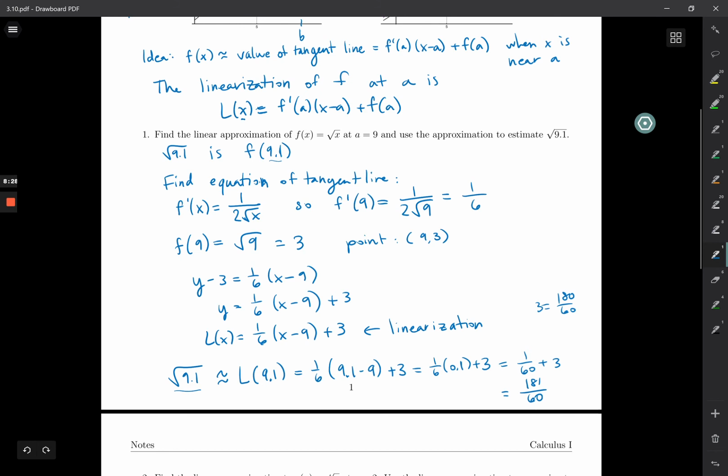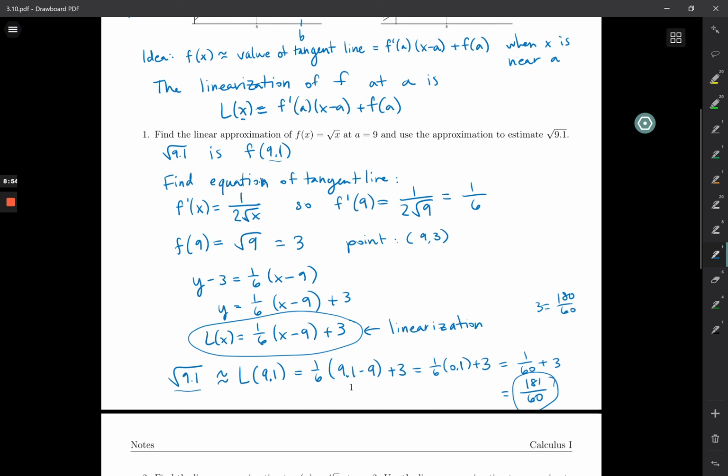So this is going to be the approximate value of the square root of 9.1, and so that is our answer. So we found the linearization and we found the approximate value. Notice that 9.1 is near 9, so it does make sense to use this linearization to approximate this value.